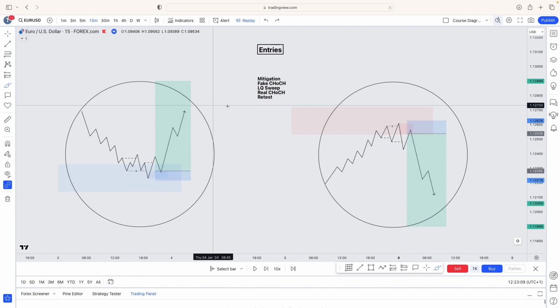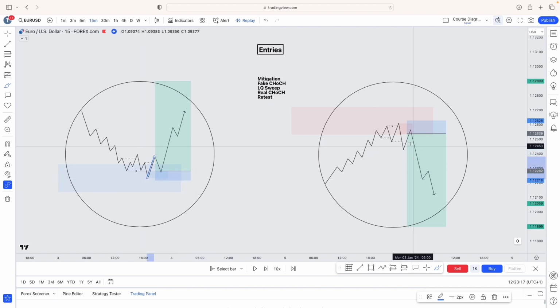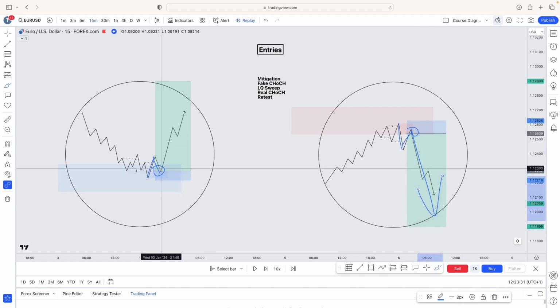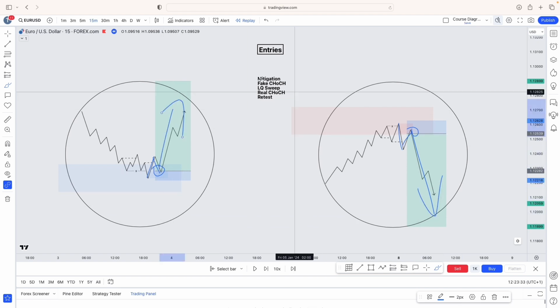We then sweep that strong liquidity with either a wick or a candle body close, and then we get a real CHoCH. We then pull back after that real CHoCH into M1 demand or supply to get that retest, to then enter with a buy limit order or a sell limit order, and then price goes and targets our TP or the weak structure that we are targeting on the M15.